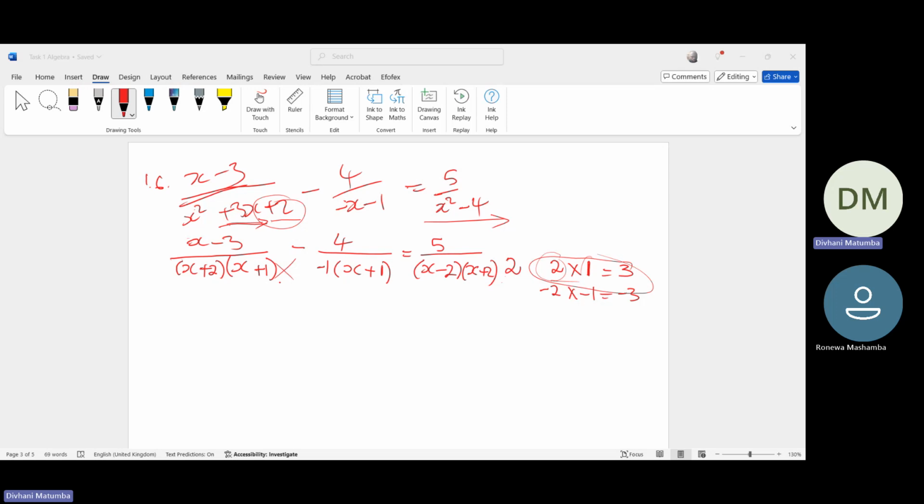Okay, from here you need to find the lowest common denominator. In this case, what is the lowest common denominator on the left-hand side? x plus 2. The LCD, which is a denominator.